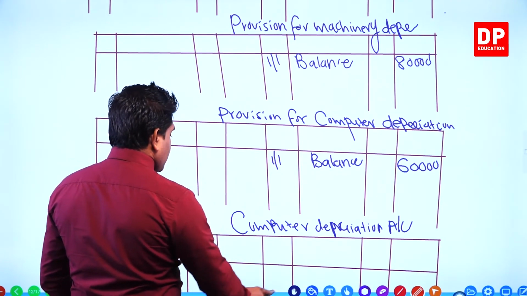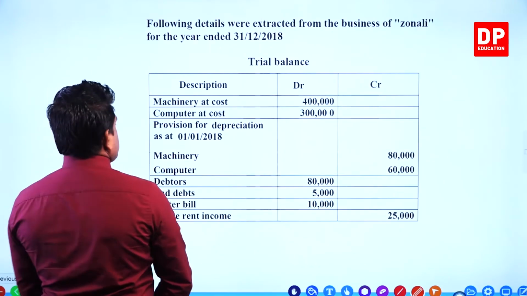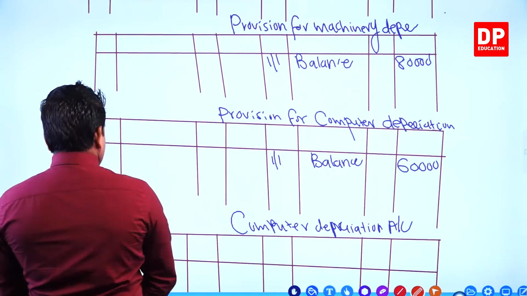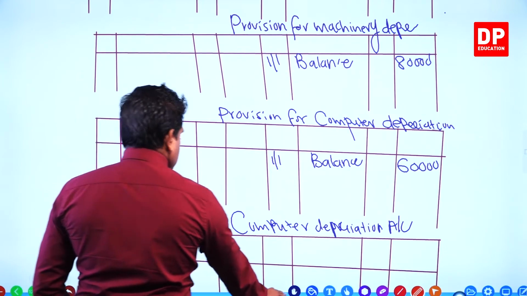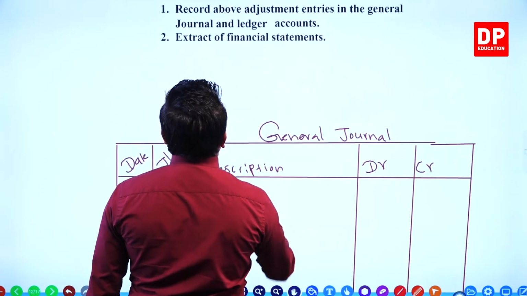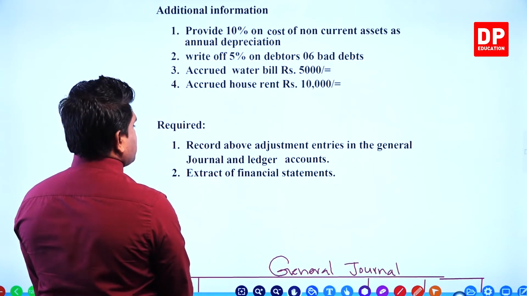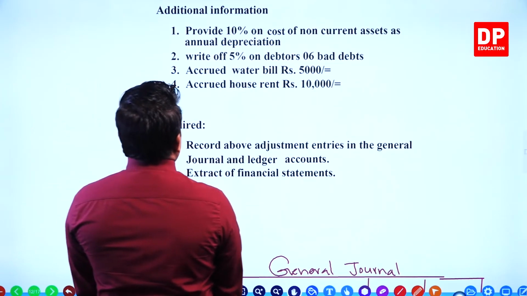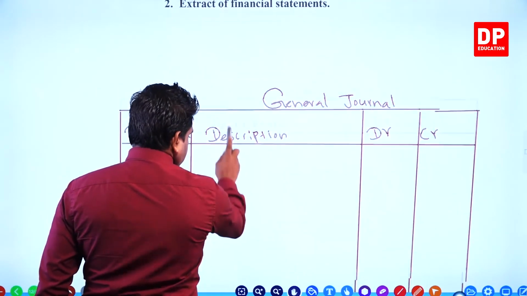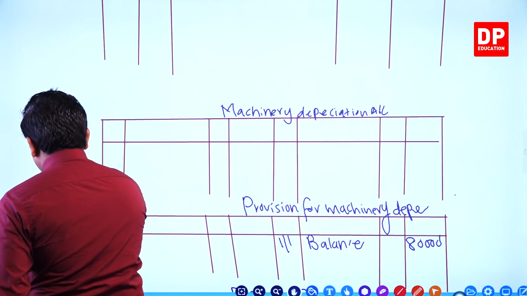Now, we go to the additional information. It says provide 10% on cost of non-current assets, right? Non-current asset 10%, then computer and machinery both at 10%, right?